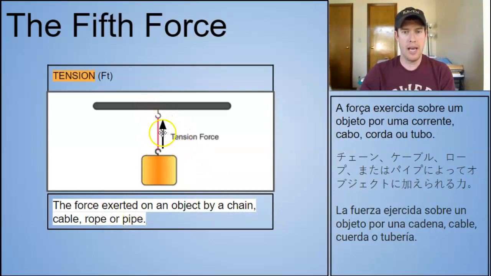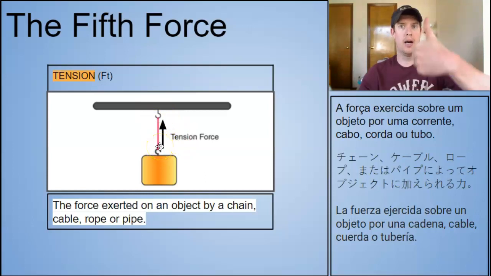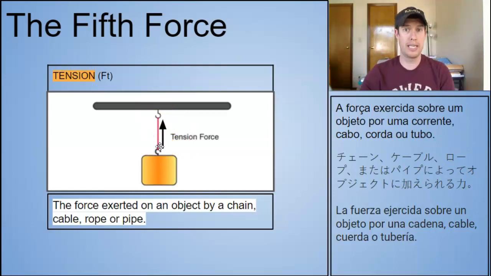So that force is going to be an upward force against gravity, and it is going to hold that object in opposition of gravity or against the force of gravity.